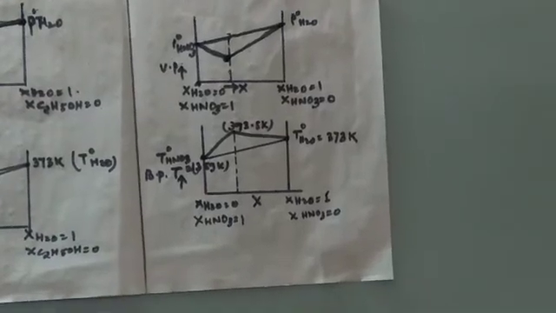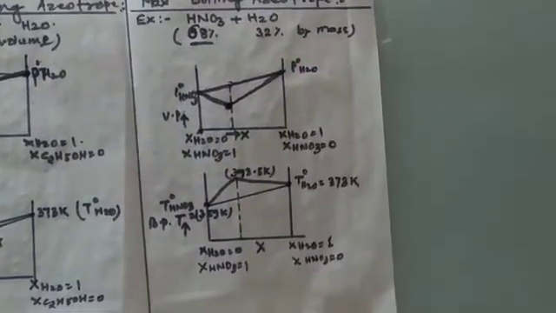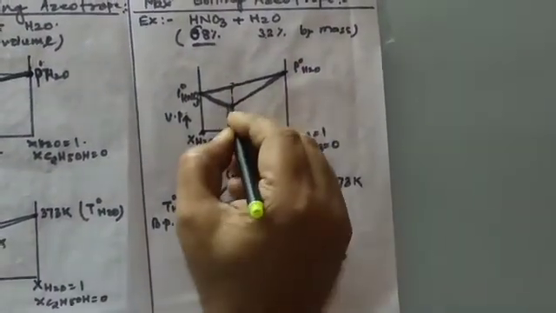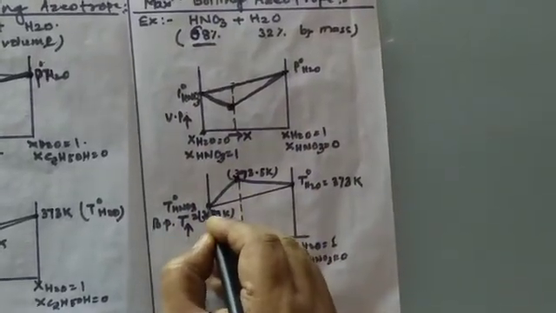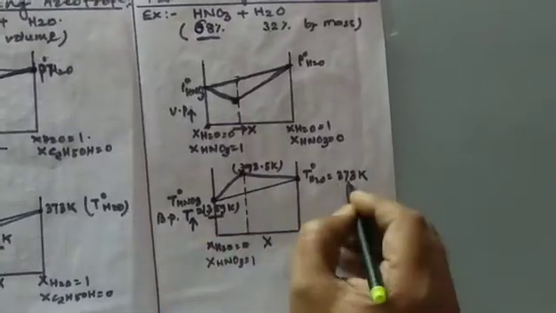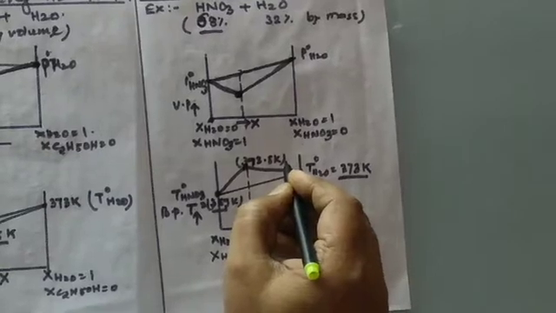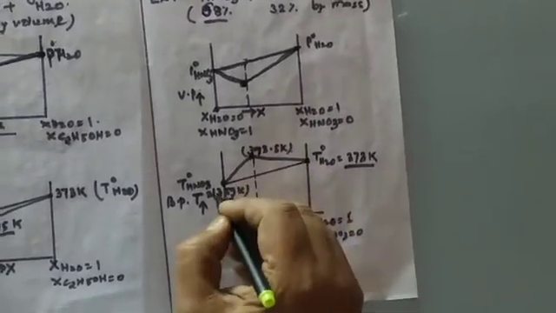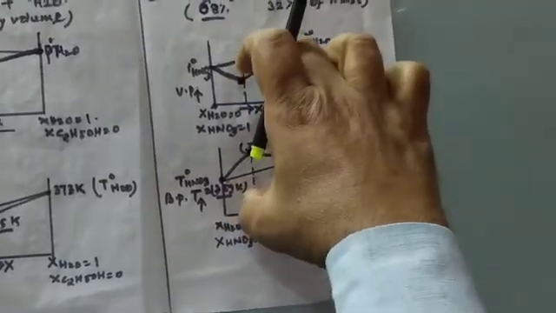But when the composition of HNO3 and water becomes 68% and 32% respectively, the boiling point corresponding to this minimum vapor pressure is here, which is greater than the boiling point of each component. It is 359, it is 373, but here 393.5 Kelvin, which is much higher than the boiling point of each component. So it is a maximum boiling azeotrope.